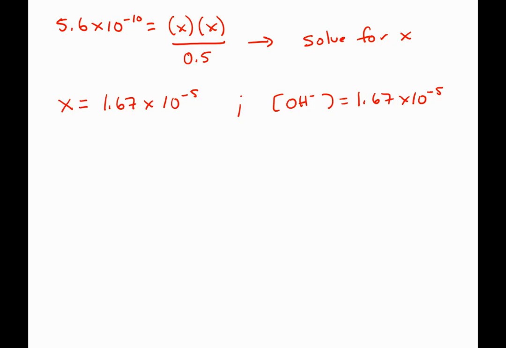When you take the negative log of this value, what you end up getting is not the pH, but the pOH, because this is the concentration of hydroxide. So the pOH would be the negative log of this value. When you calculate that out, you find that the pOH is 4.77.